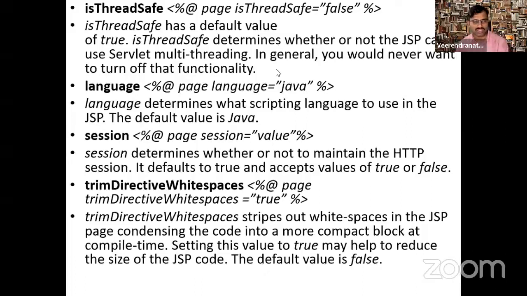Generally it is set to true. When you say isThreadSafe is false, you are not going to have the multi-threading functionality, that is, the concurrent execution functionality.